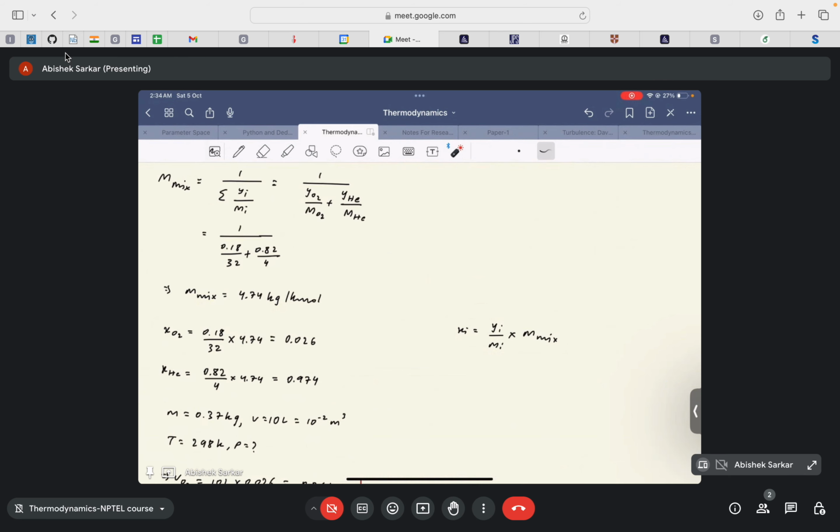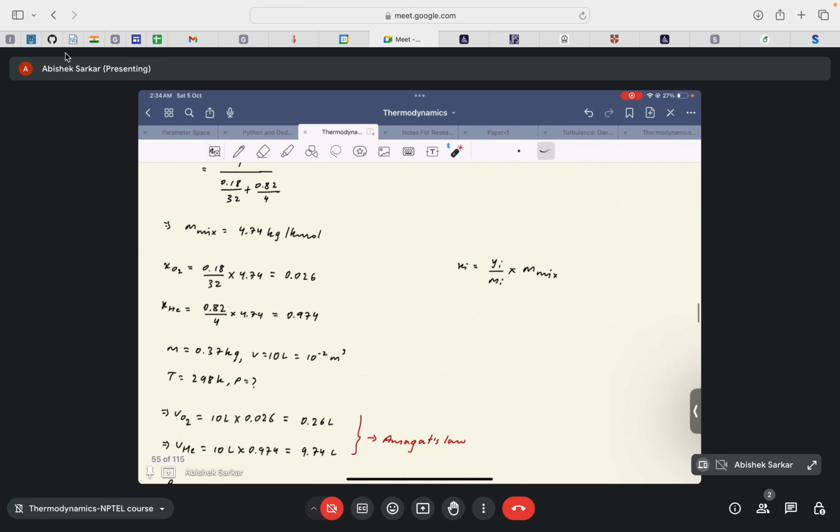Once you do that, you find that XO2 is equal to 0.18, the mass fraction of oxygen, times 4.74, the molecular weight of the mixture, over 32, the molecular weight of oxygen. From that you get XO2 equal to 0.026. Similarly, XHE can be found by this relation, or you can just subtract XO2 from 1. So XHE is 1 minus XO2, and we get XHE as 0.974.